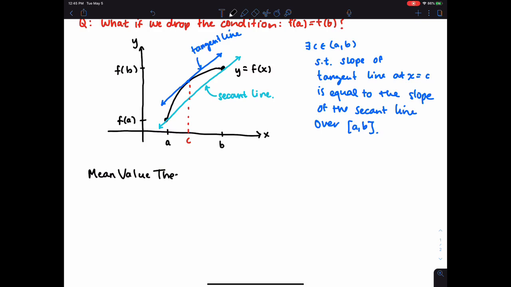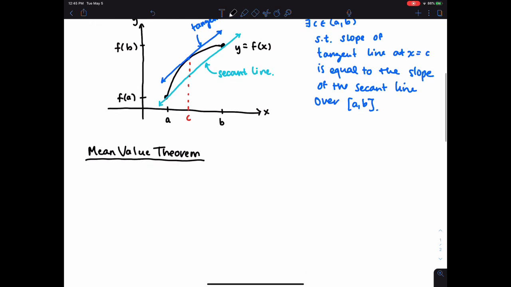Here, when we say mean value theorem, we're really talking about the average rate of change. We're making a claim that if you look at the average rate of change over your interval, there has to be a single point in time in the middle of that interval at which the instantaneous rate of change is equal to that mean rate of change or average value.